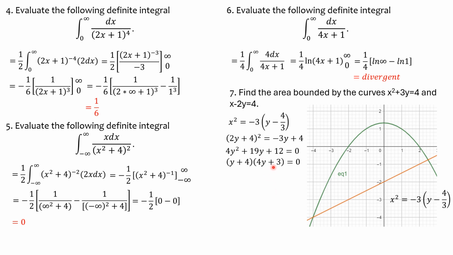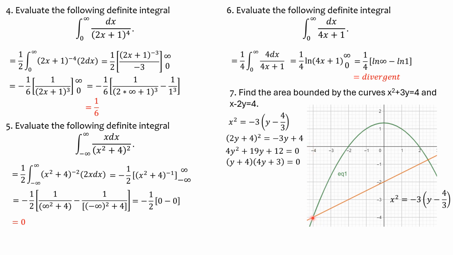Let's check: 4y squared, 3y plus 16y is 19y, and 4 times 3 is 12, equals 0. So that means y is negative 4, which is obvious in this figure here.